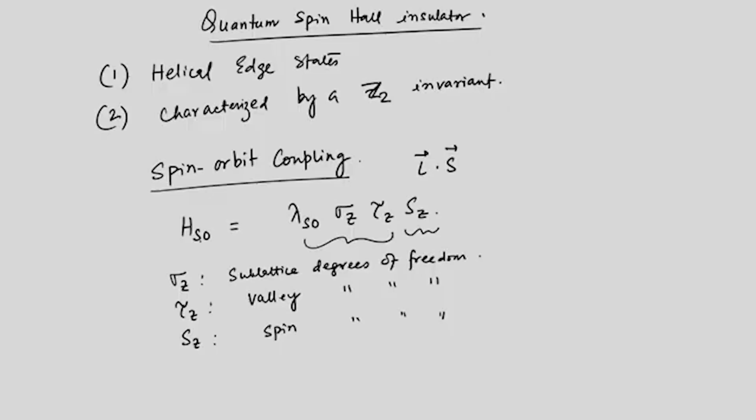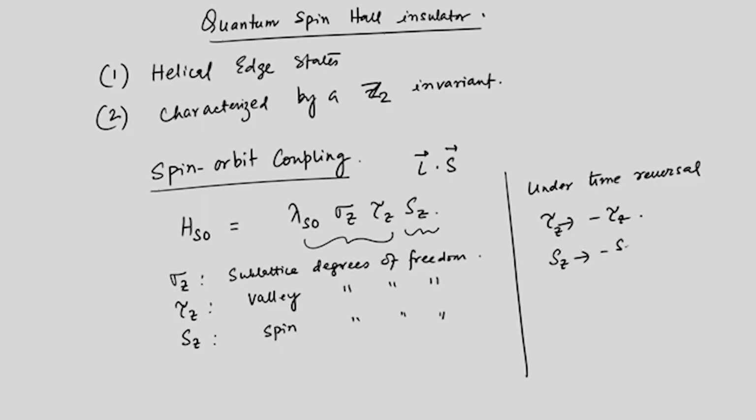So, under time reversal, this tau z goes to minus tau z, and we will see in a while that s z also goes to minus s z. So, an up spin goes to down spin, and sigma z does not change sign because that is the sublattice degree of freedom, and under time reversal it does not change sign.